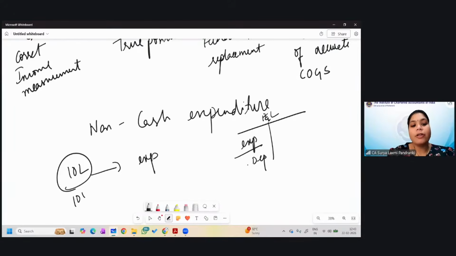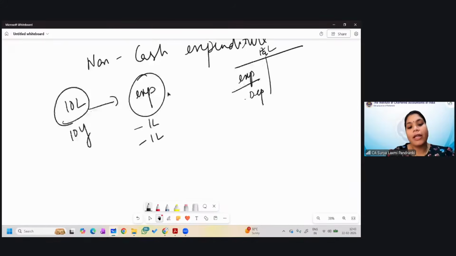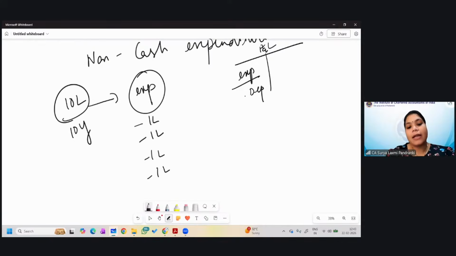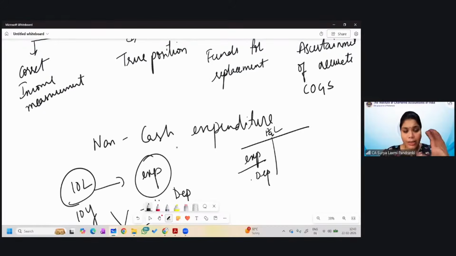So if I'm using it for 10 years, I will match it by providing 1 lakh every year in my P&L statement. This is the matching concept. One way you record it is as an asset at cost. The other way, you record it as an expenditure in the form of depreciation. You're trying to see that your income is measured correctly. Only if this expenditure is put in, your income is also measured properly.